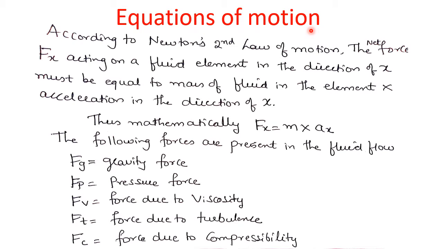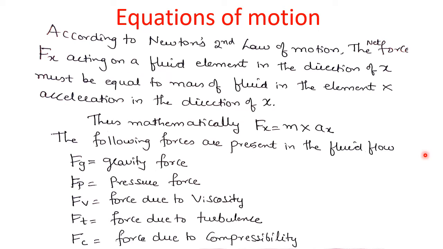the equations of motion. According to Newton's second law of motion, the net force Fx acting on a fluid element in the direction of x must be equal to the mass of the fluid in the element times the acceleration in the direction of x.